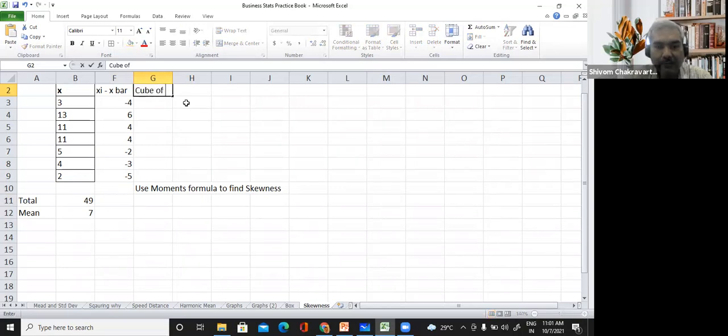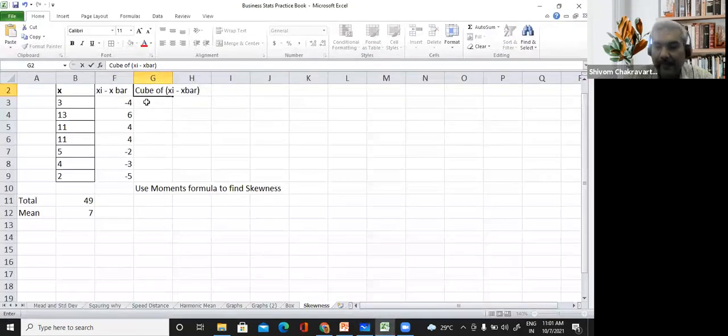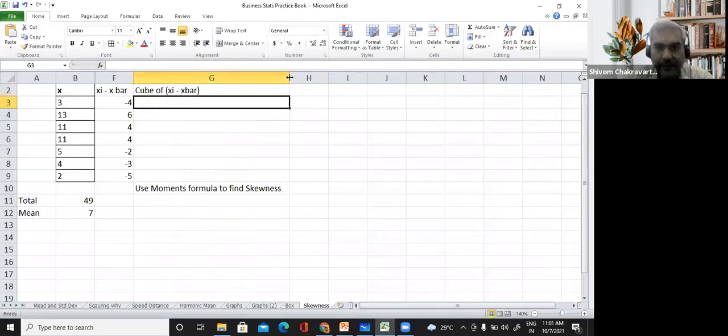Cube of xi minus x bar. There are symbols you can use, and you can write it as it looks by hand, but we need not do that in Excel.